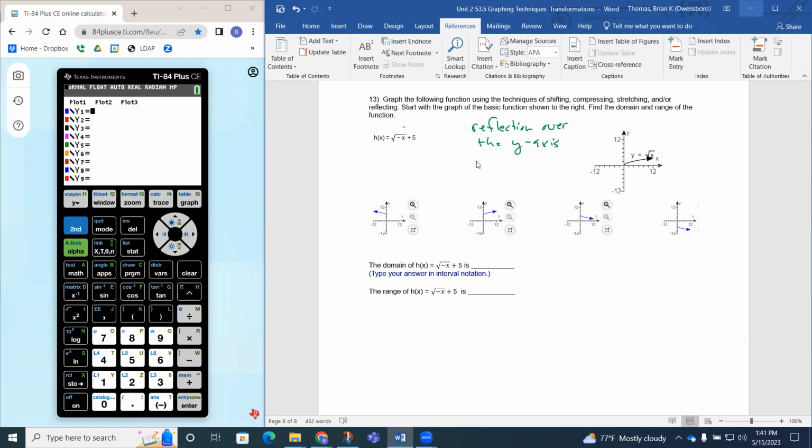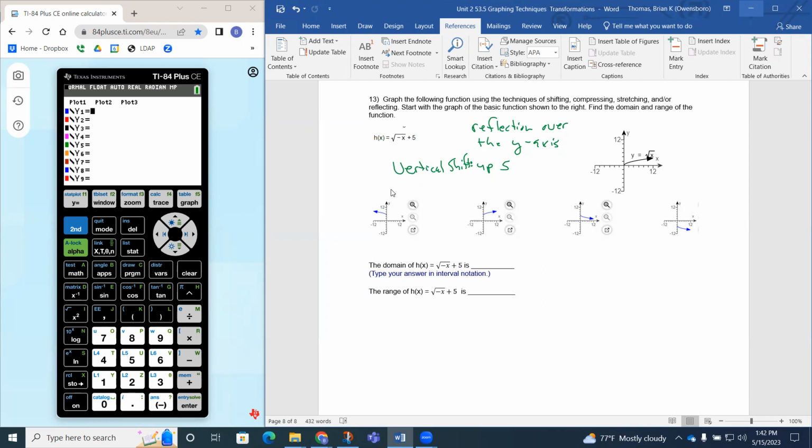And then there's a vertical shift up 5. So moving up 5, and then instead of pointing to the right, it should point to the left.